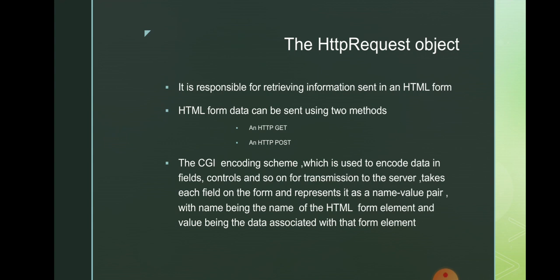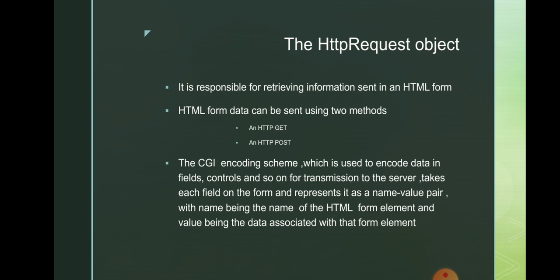In our web client server topic itself, we learned about request and response. These request and response are done through our HTTP protocol. That is the HTTP request object and HTTP response object. The third one is the HTTP server utility object.